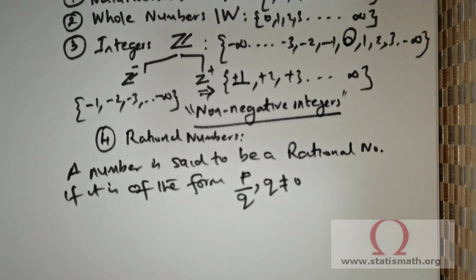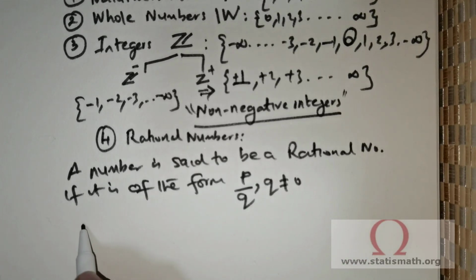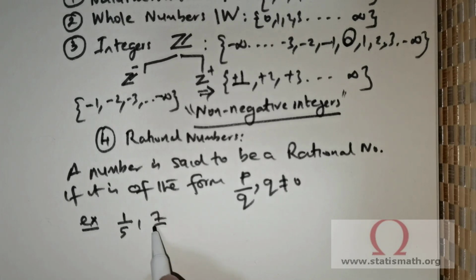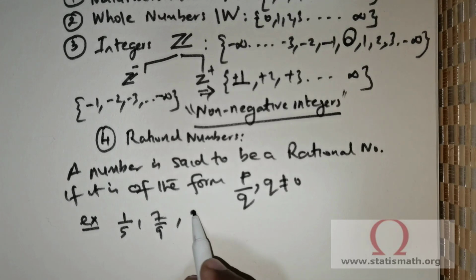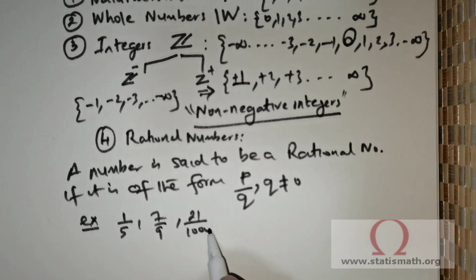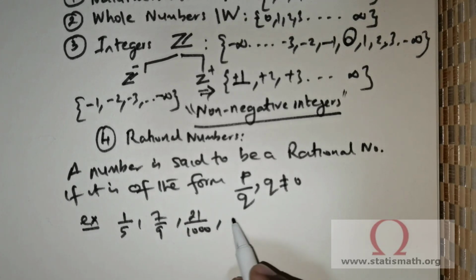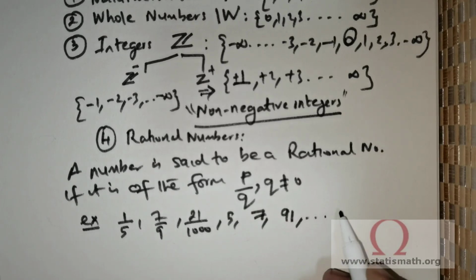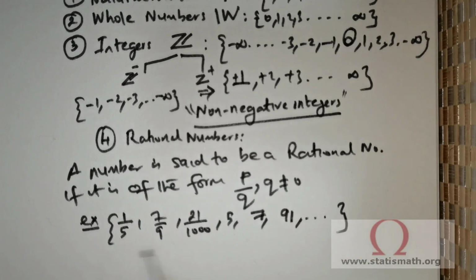Have this definition in mind. Examples of rational numbers would be 1 over 5, 7 over 9, 21 over 1000. You can also mention 5, 7, 91, and so on. These are some examples of rational numbers.